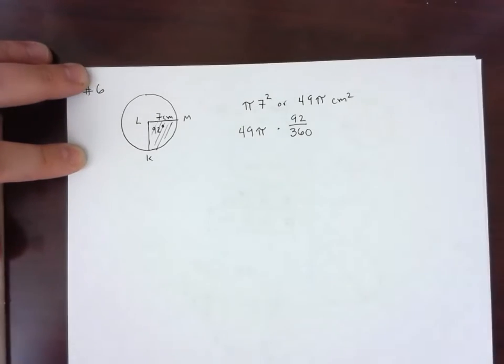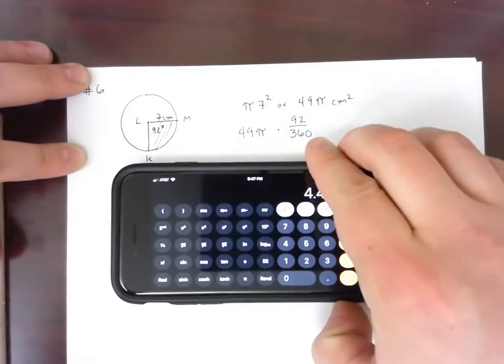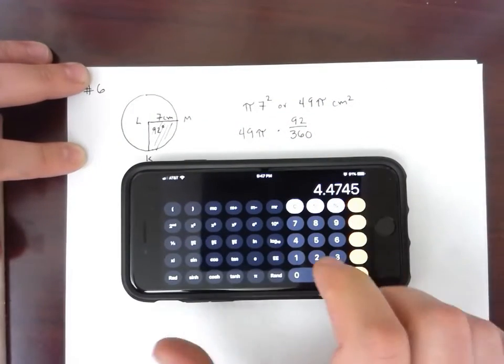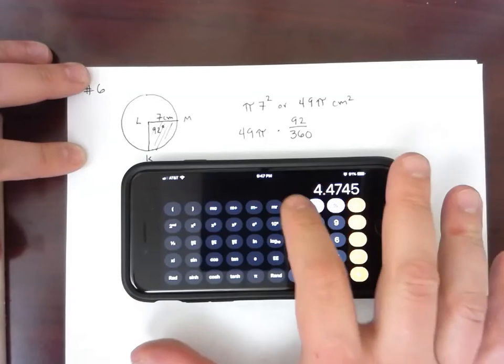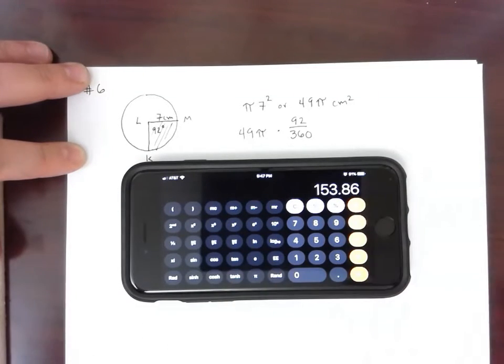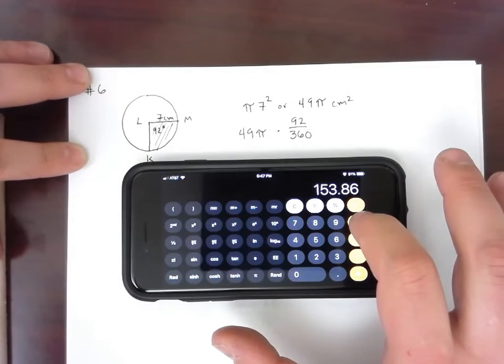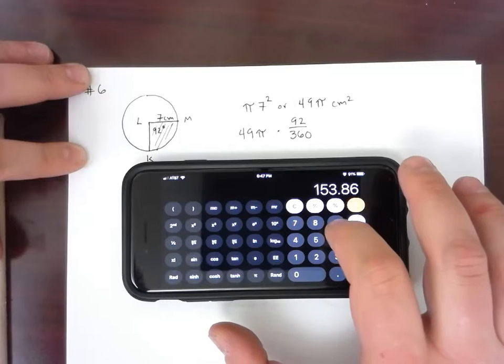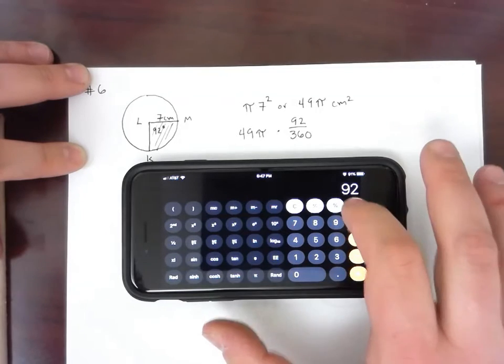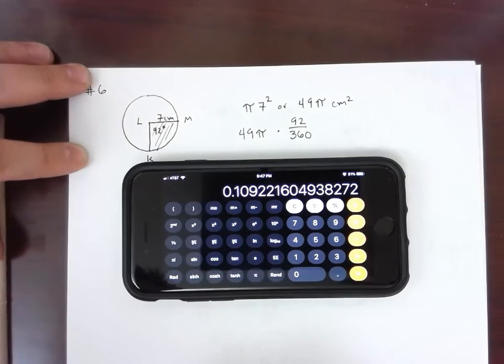And get my calculator out. If I do 49 times 3.14, we get 153.86, and then I'd like to multiply that by 92 divided by 360. Oh, I entered that in wrong.